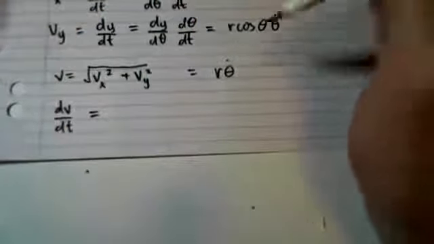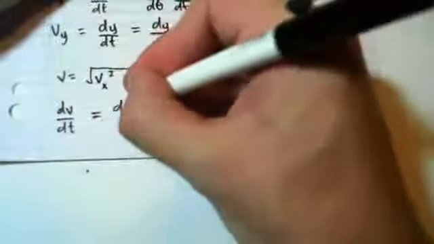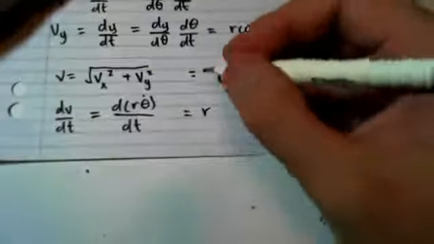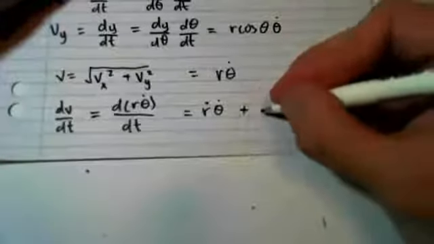If we then take the derivative of velocity, so dv on dt, and we use the chain rule, because we've already defined the derivative of r as being r theta dot, this is going to be the time rate of change of r theta dot, which means that we derive our r term, so r dot theta dot plus r theta double dot.